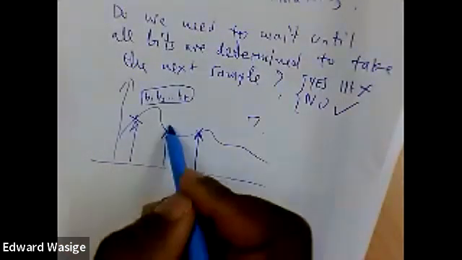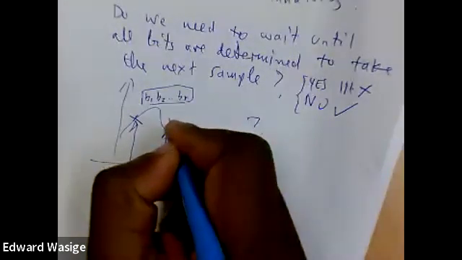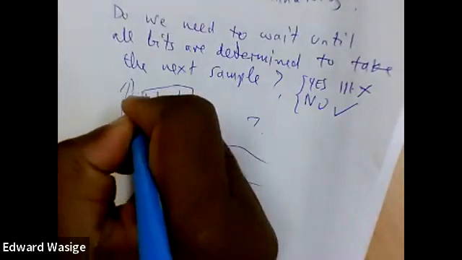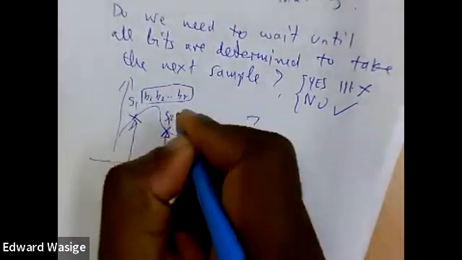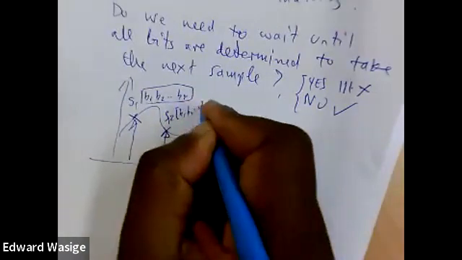As soon as bit 1 is done, we go to the second sample. So this is sample 1. We go to S2. And for sample 2, we'll also have B1, B2 to B8.